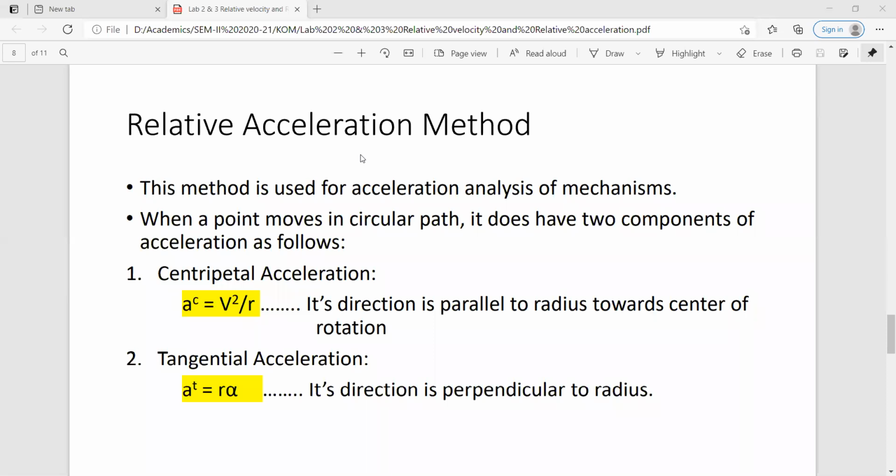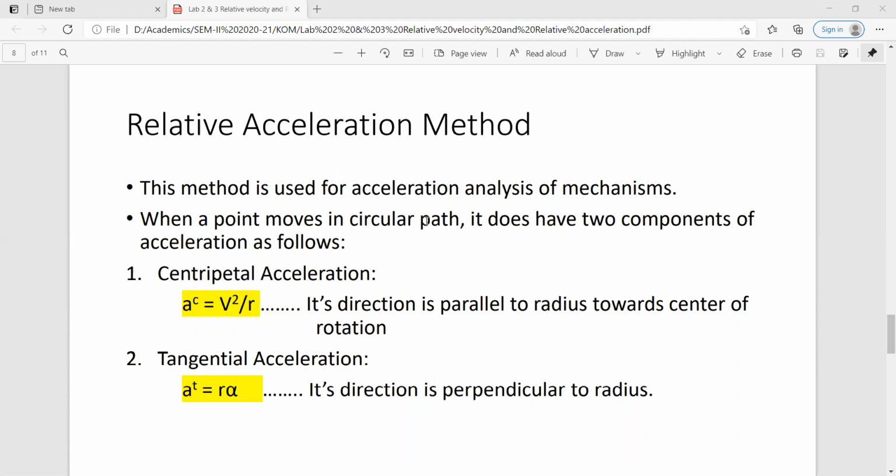Okay, so in a mechanism, acceleration analysis is also important in order to understand the forces and their magnitudes which are acting on the different parts of the mechanism.